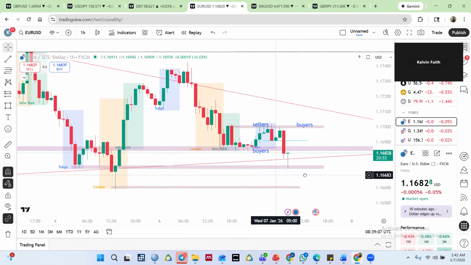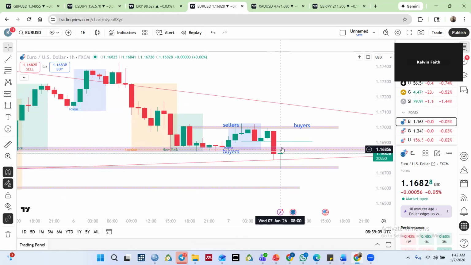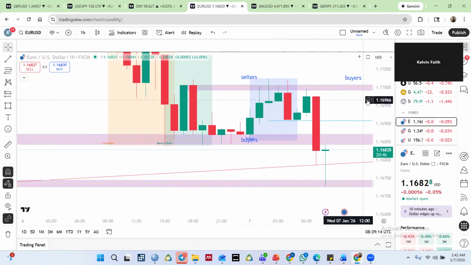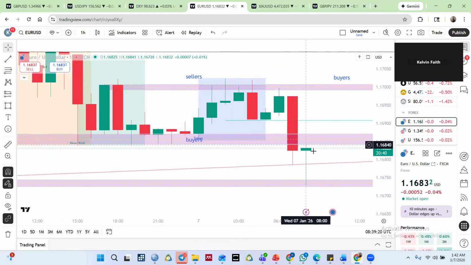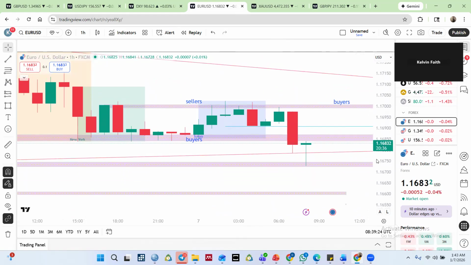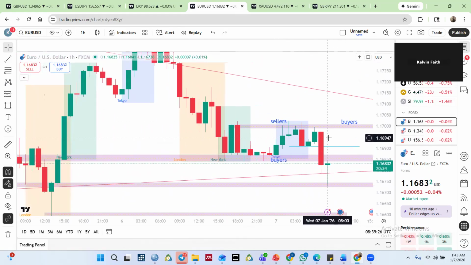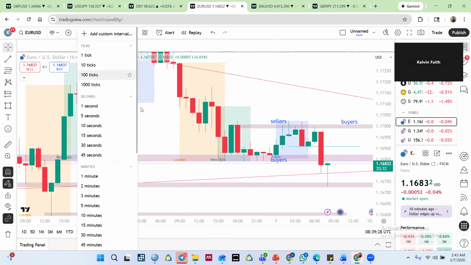On the 1 hour time frame, this 1 hour candle that dropped down is still rejecting up. So if this 1 hour candle closes in a very good way, bullish, that's going to be good news. That might change the whole story.